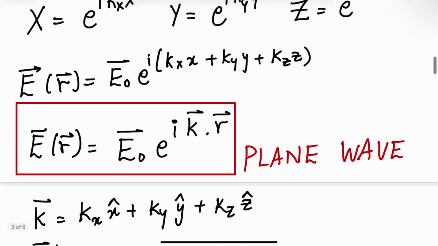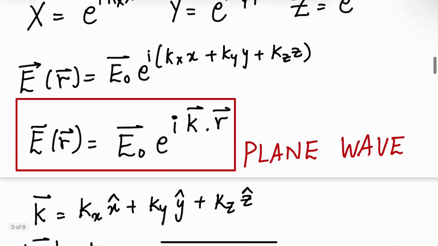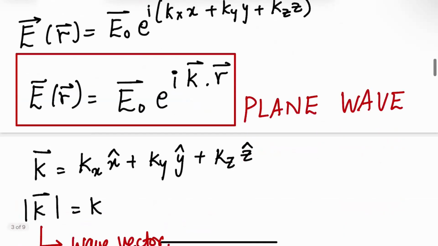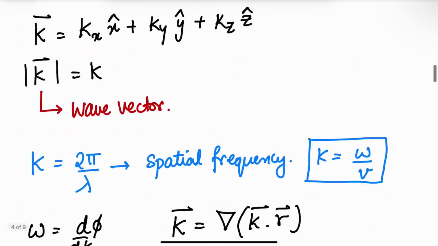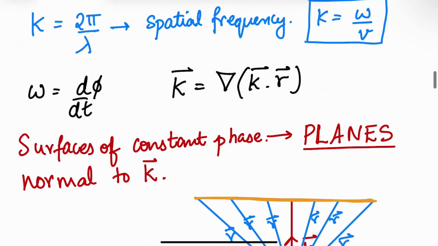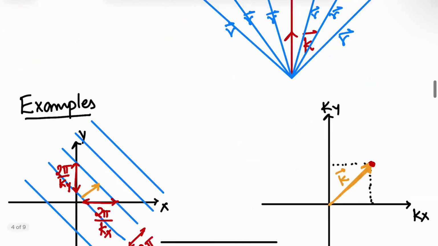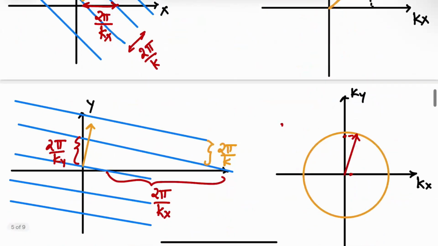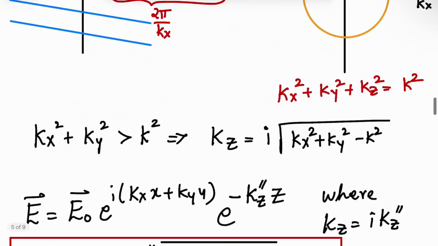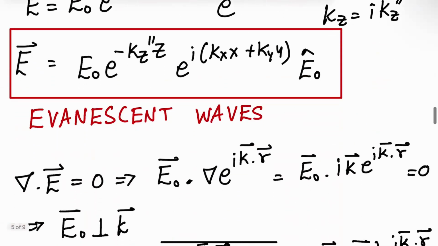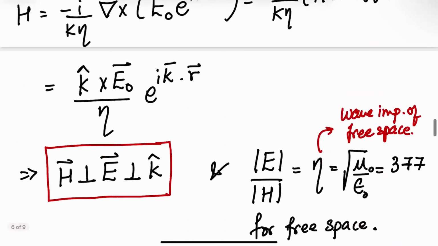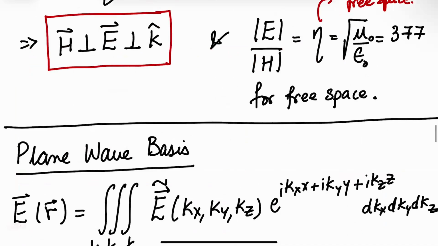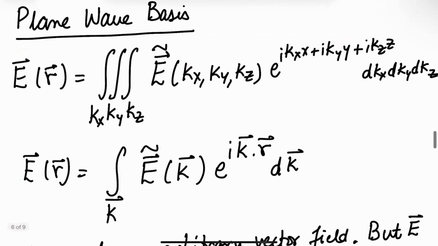We showed that the plane wave is one of the solutions, and described why it's a plane wave. We looked at the k vector, and at different examples of what plane waves look like in real space and k space. We described evanescent waves, where we made k complex, which we'll revisit in more detail in the next lecture.